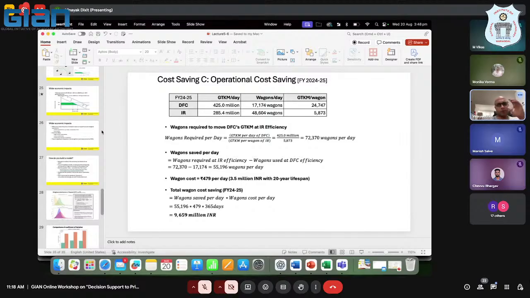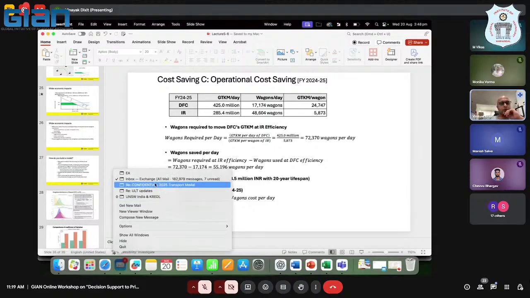In all your analysis so far, most of what you have experienced has been doing the economics based on people's travel time savings. But there are different concepts when you look at logistics costs, and we will spend some time on that.